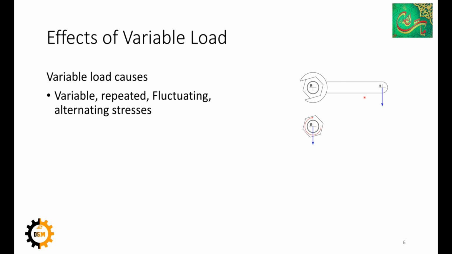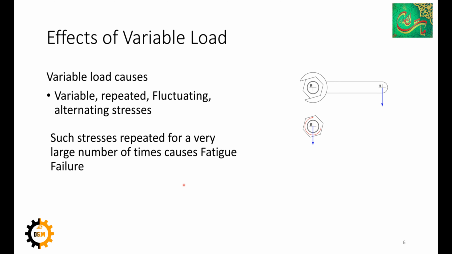So if we have a large number of time cycles, the forces are changing. Because of these changing forces, we will have variable, repeated, fluctuating, or alternating stresses. Stresses are nothing but the force per unit corresponding area. So these stresses will be changing.